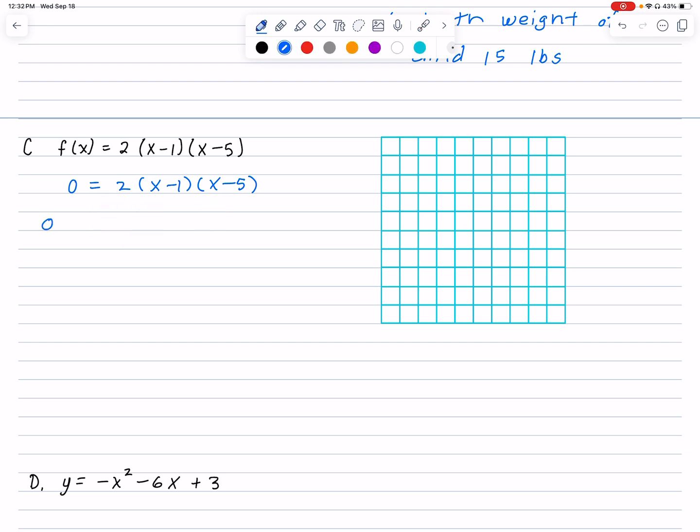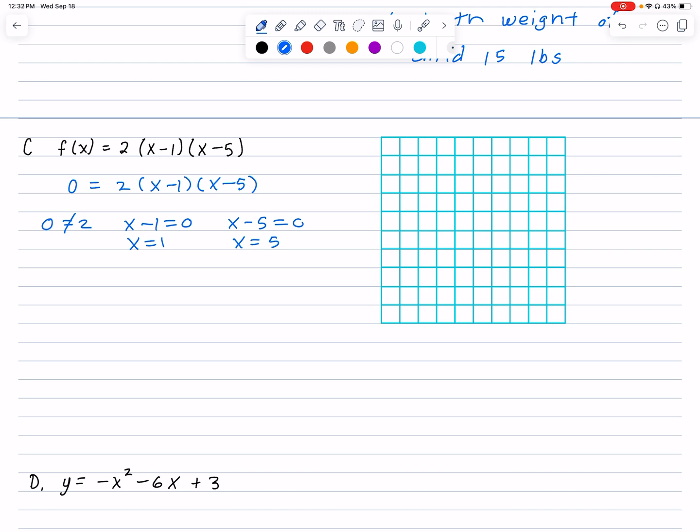I'm going to say either 0 equals 2, which of course is false, so I can ignore it, or x minus 1 equals 0, or x minus 5 equals 0. So solving this, we get x equals 1, x equals 5. Now this actually gives us some really good information right off the bat. What this tells us is that we have x-intercepts at 1 and 5.